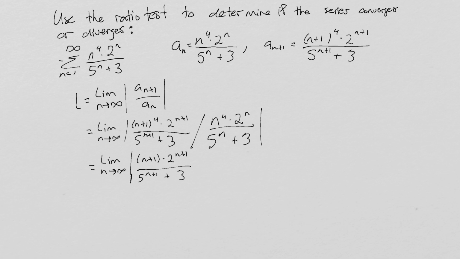And I'll bring my absolute value down a little bit there. Now dot is the dot. And then what I do is I flip this right here. So that's going to put the 5 to the n plus my 3 in the top. And then I'm going to divide by n to the fourth times 2 to the n and close my parentheses like that. All right, so what do we do from here?